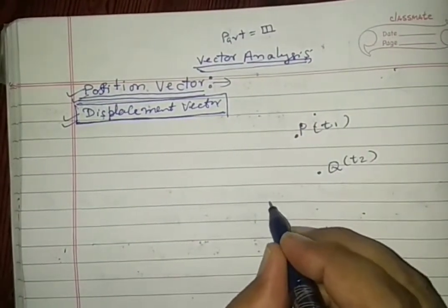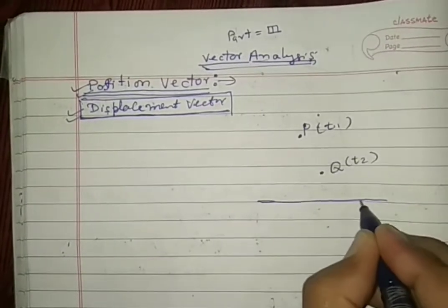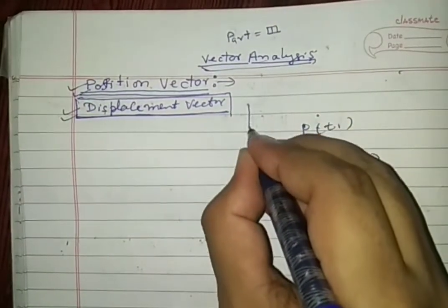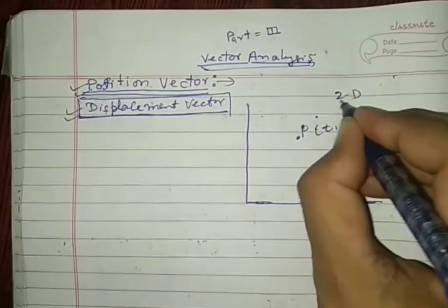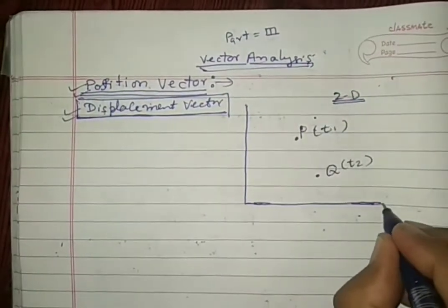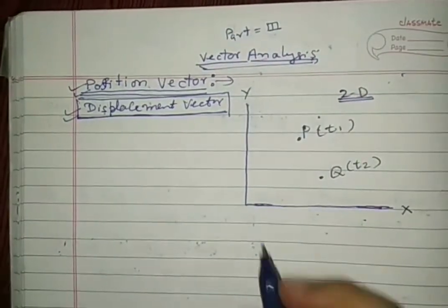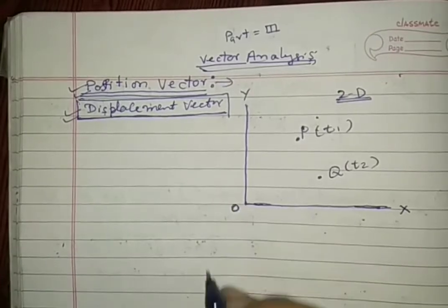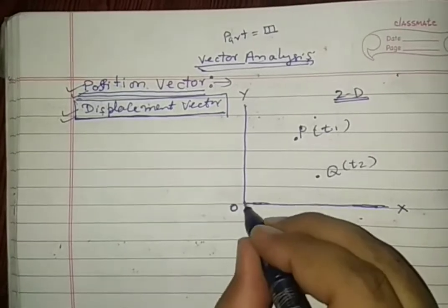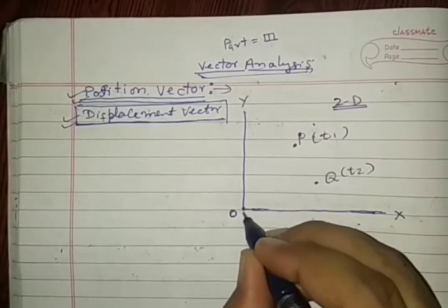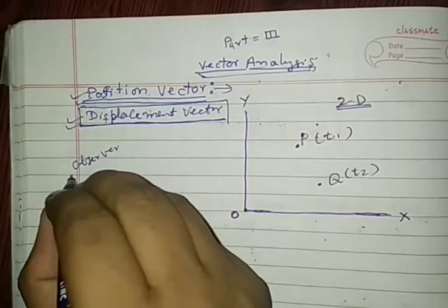To make the fundamentals clear, make a two-dimensional frame of reference, one in the direction of the x-axis, another in the direction of the y-axis. This is the origin. This is a frame of reference. Actually, this O is the position of the observer.